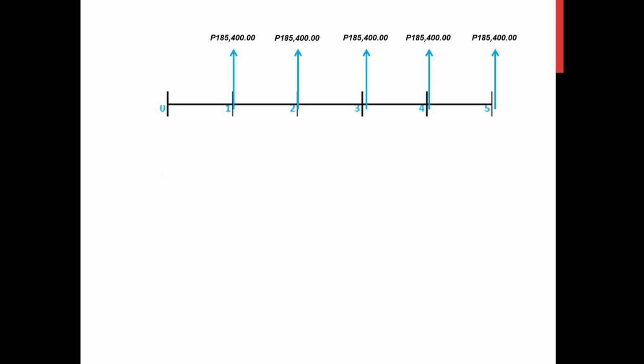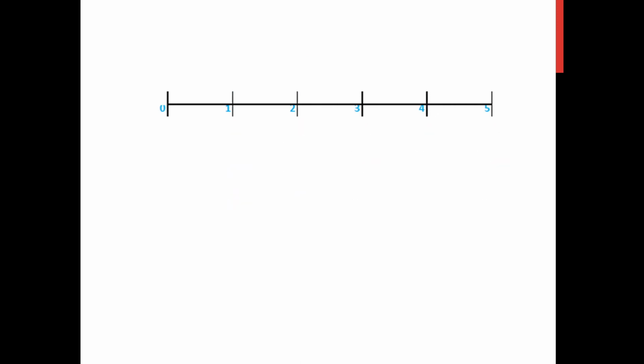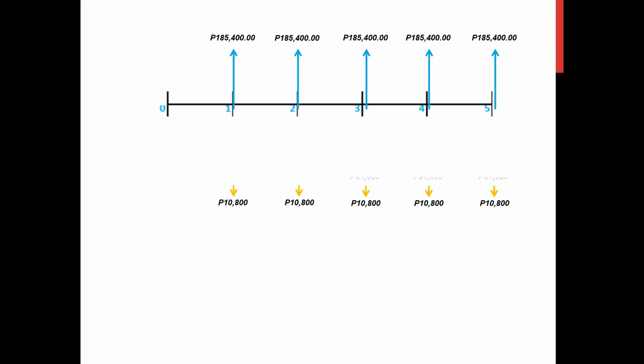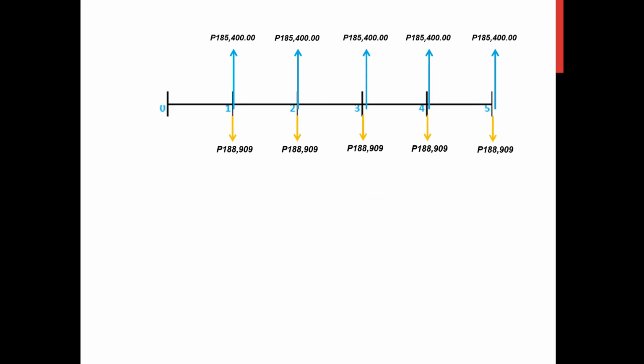So putting that into cash flow diagram. So we have the same for the cash inflows. This is the collection actually. And the cash outflows, 21,609, 81,000, 10,800, and 67,500. So this will yield to 188,909.